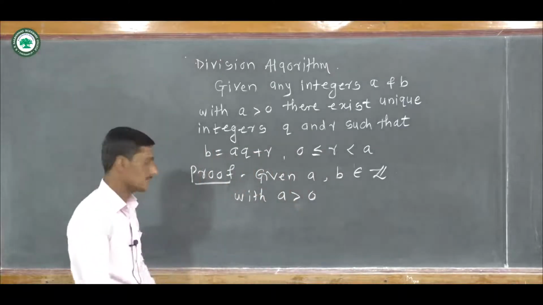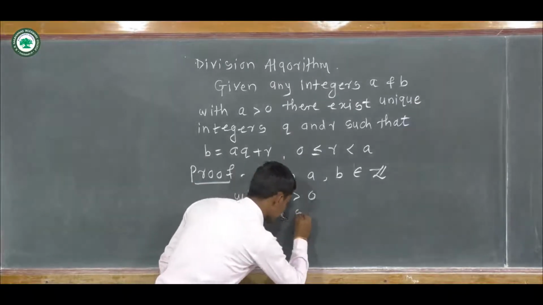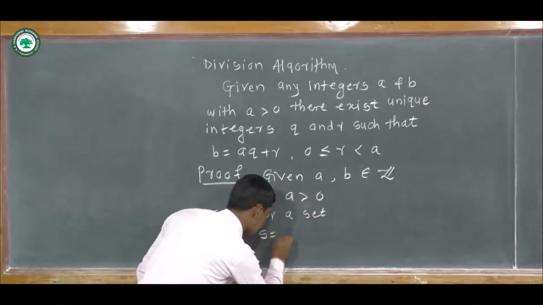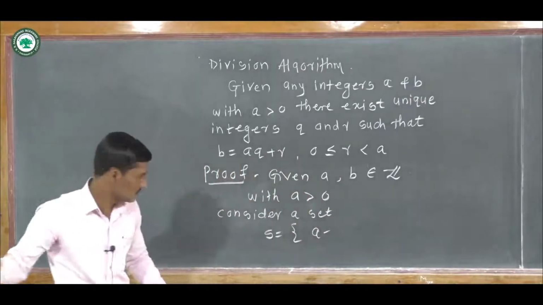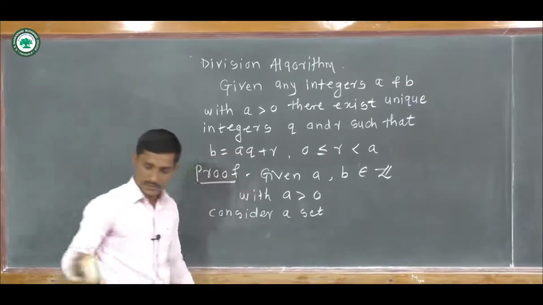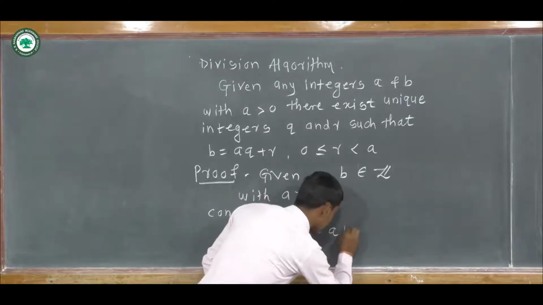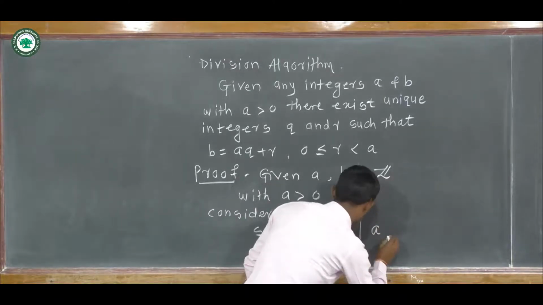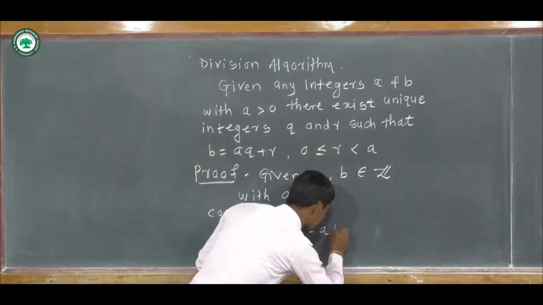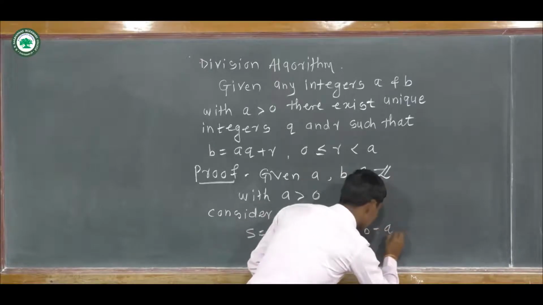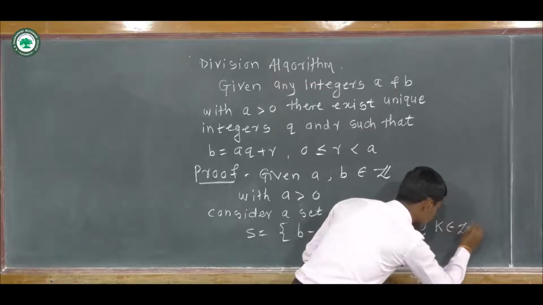Here we consider a set S. Consider the set S equal to the set of numbers b minus a times k, such that b minus a times k is greater than or equal to 0 and k belongs to Z.